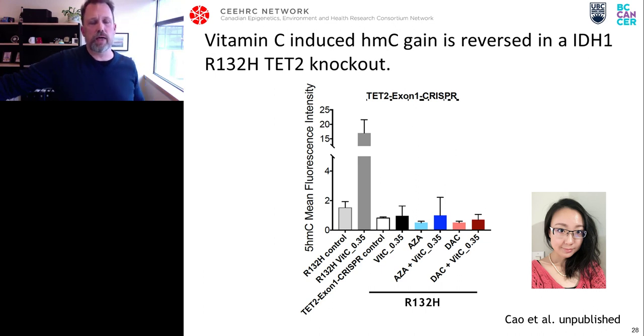Again, suggesting that at least in part, this gain of hydroxymethylation is being mediated directly through TET2. And then the further bars along in this figure show the consequence of adding other DNA demethylation agents in combination with vitamin C. So this includes 5-azacitidine, currently a treatment of late-stage AML, as well as DAC, a deoxy form of 5-azacitidine.